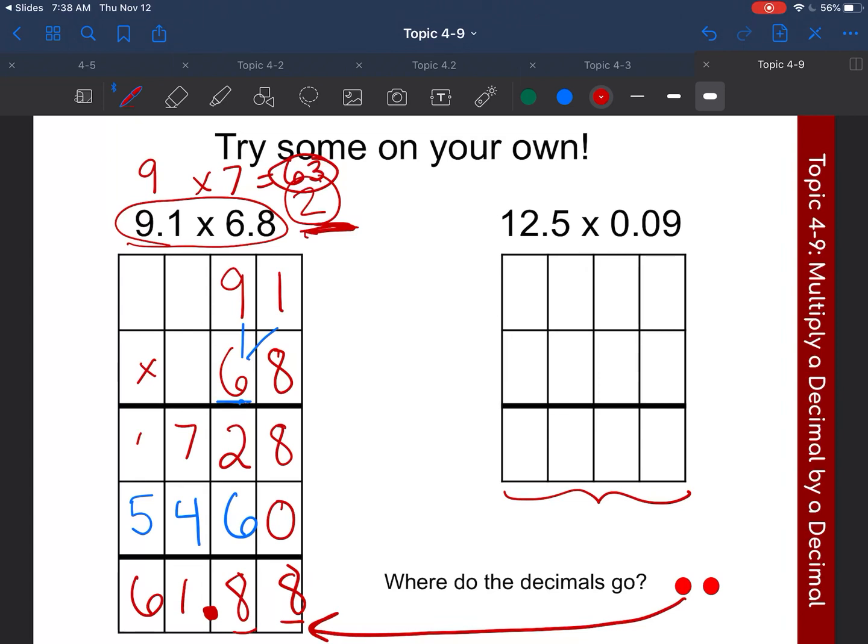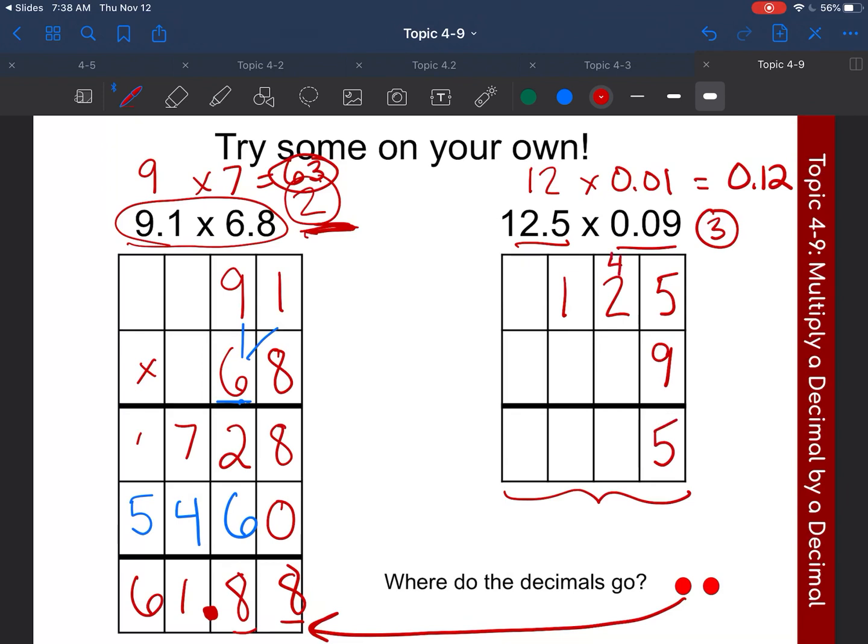So let's do it. 12 and 5 tenths is around 12. For 9 tenths, if I wanted to estimate, I would maybe use a power of 10. So our answer is going to be a small answer. If you did 0, that's fine too. Just know that your answer is going to be really, really tiny. So we take out the decimal places. There's 1 in this, there's 2 in this, so 3 total decimal places. 125 times 9.